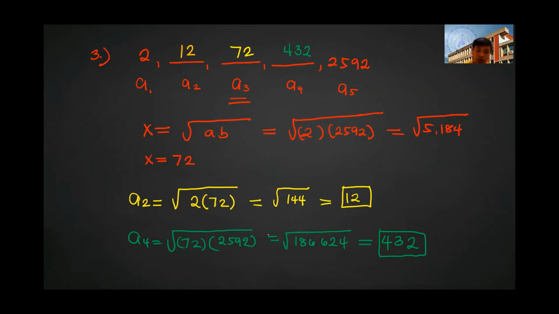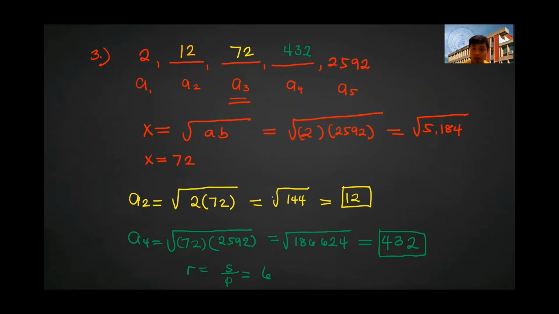Of course, we will just follow the formula that we used last time for finding the common ratio: the succeeding term over the previous term. So 12 divided by 2 is 6. 72 divided by 12 is 6 as well. 432 divided by 72 is 6 as well.